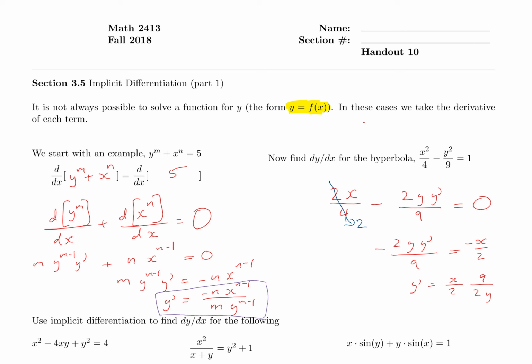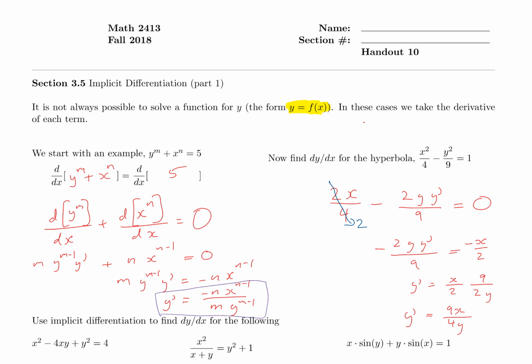And note that the negative here canceled with the negative here. Alright, and let's go ahead and reduce this down a little bit. So we have, let's go and keep using the red, 9x over 4y.